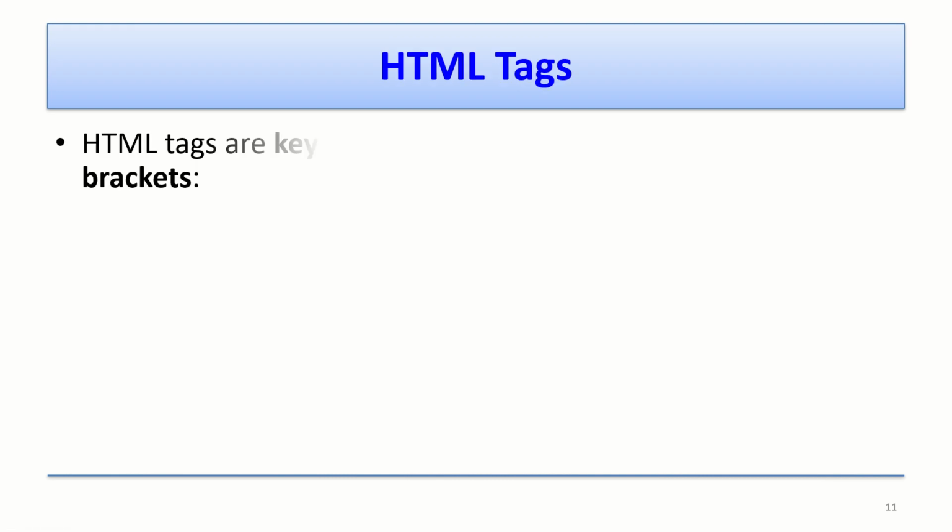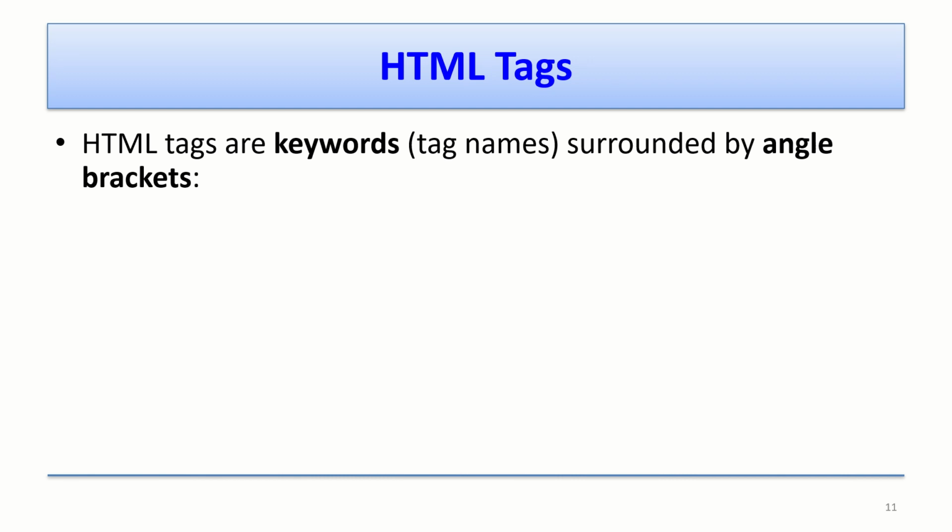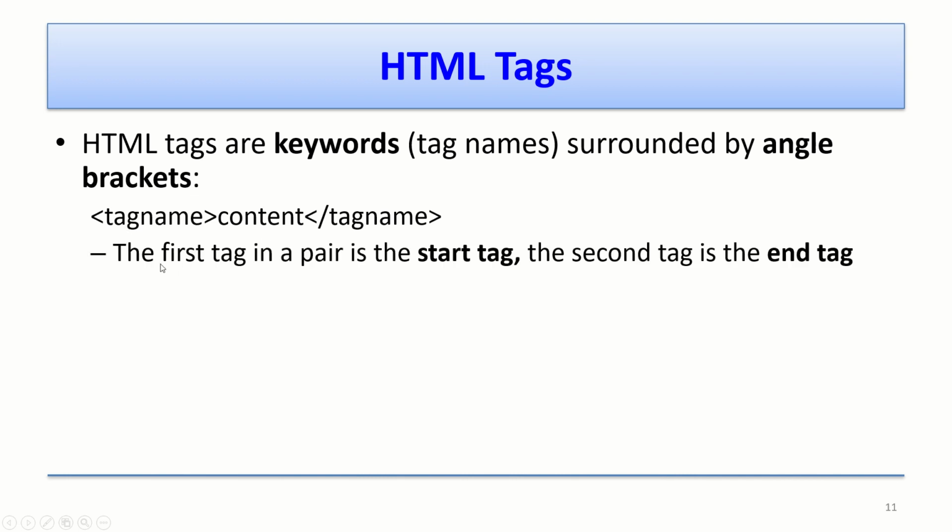HTML tags. Actually, HTML tags are the keywords in the HTML language. Those are surrounded by angle brackets like this. This is the name of the tag, and the first tag in the pair is the starting tag.